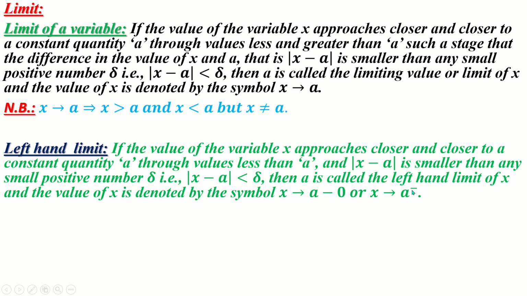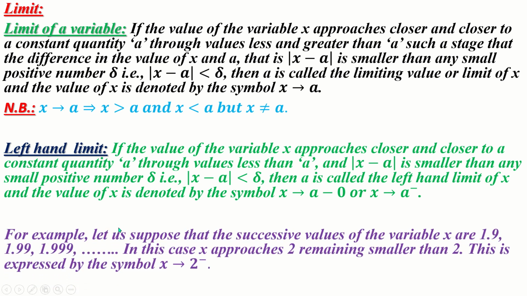That means when x tends to 2 minus, it means less than 2, like 1.999 or 1.99 or 1.9.